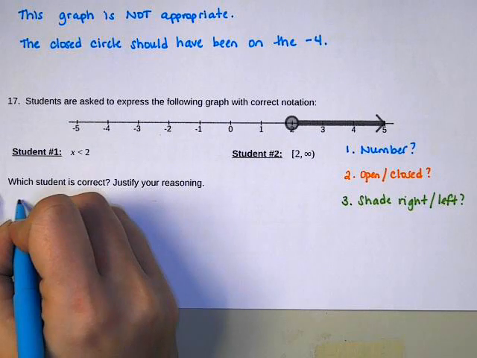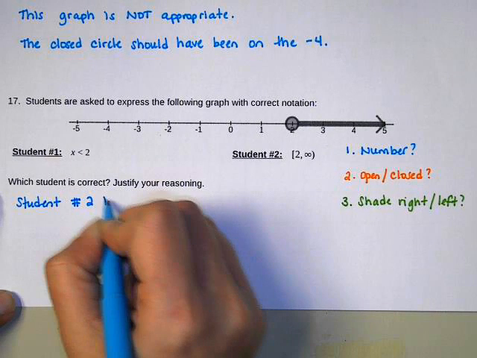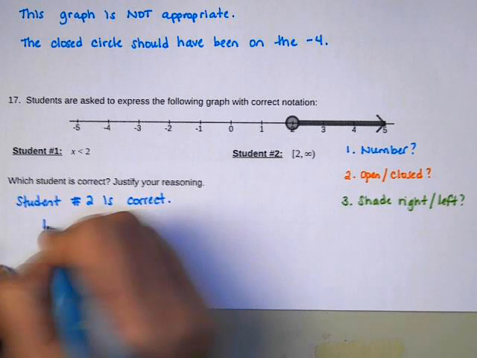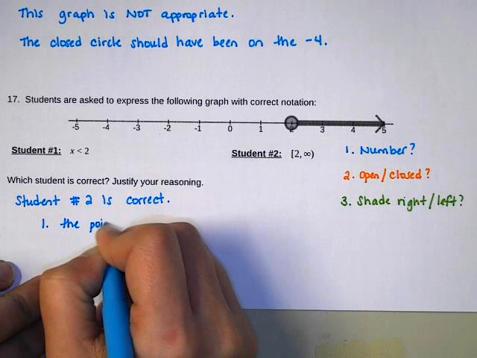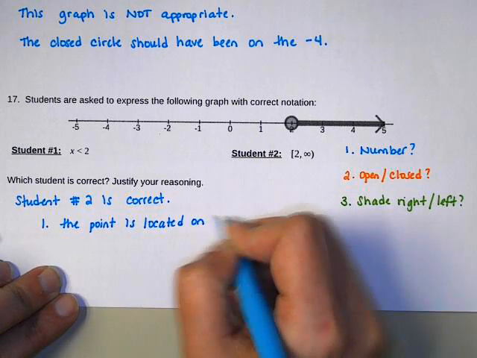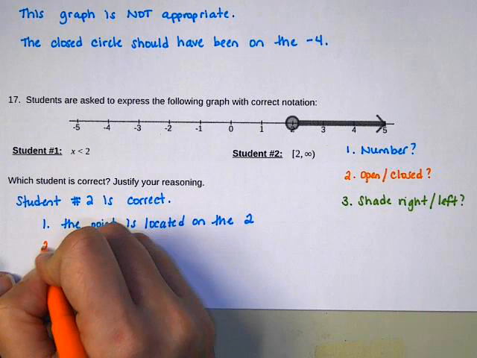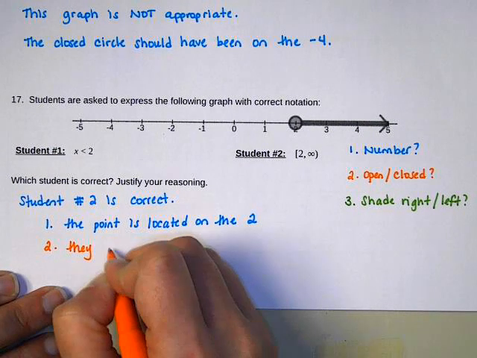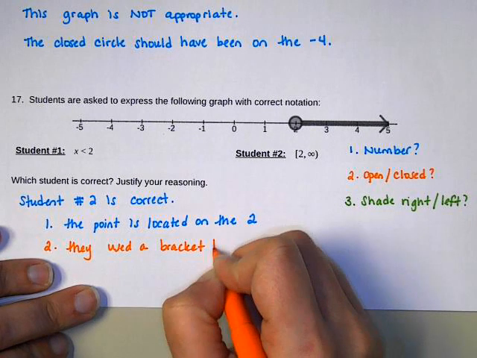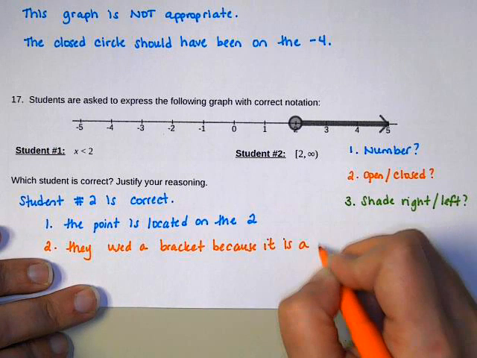You're going to say student 2 is correct. And then you're going to justify your reasoning. 1, the point is located on the 2. 2, they used a bracket because it is a closed circle.